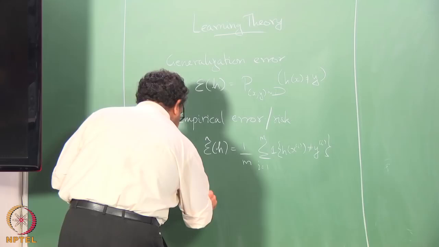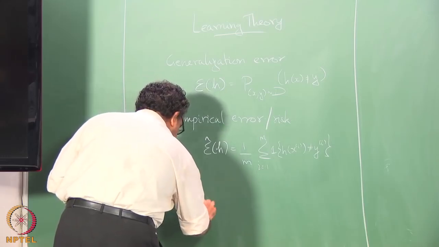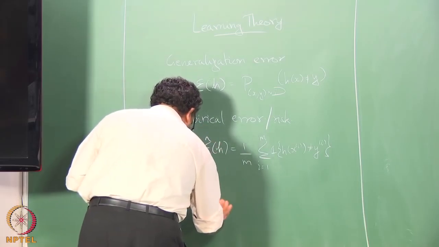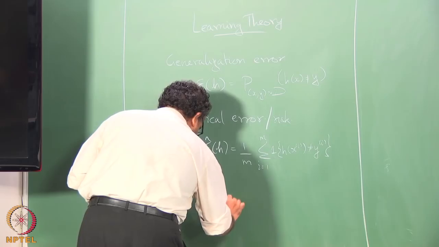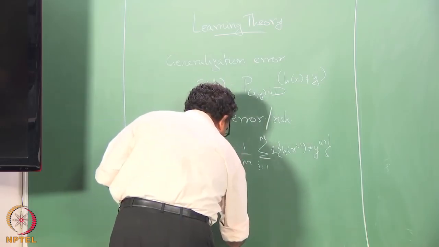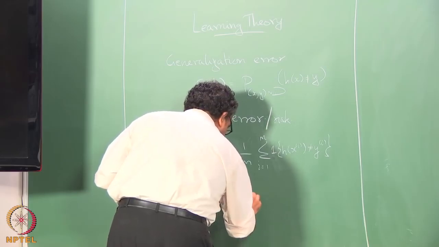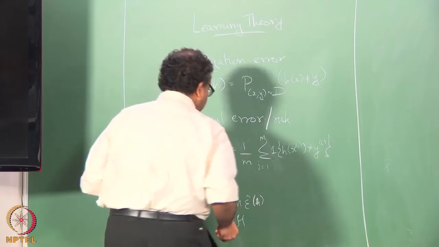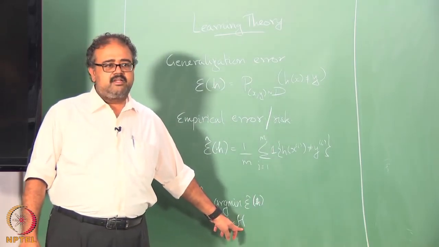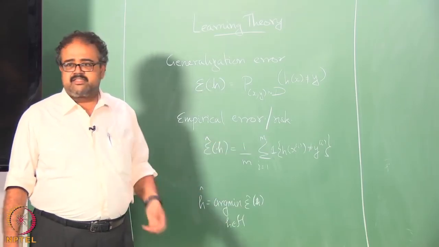typically end up giving is: you will have some hypothesis class capital H. Suppose you are looking at linear classifiers and your input dimension is some p.